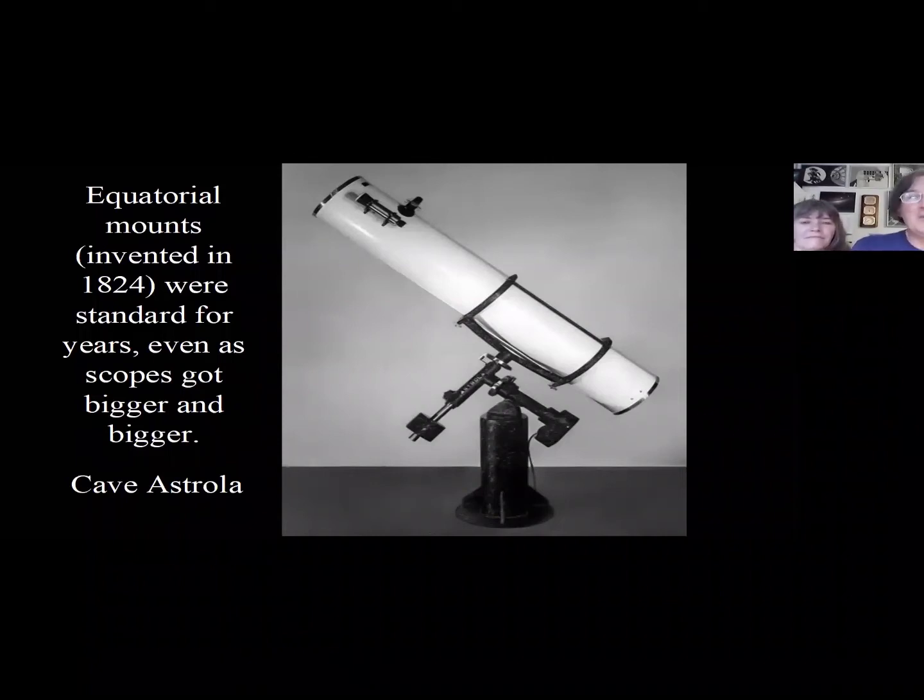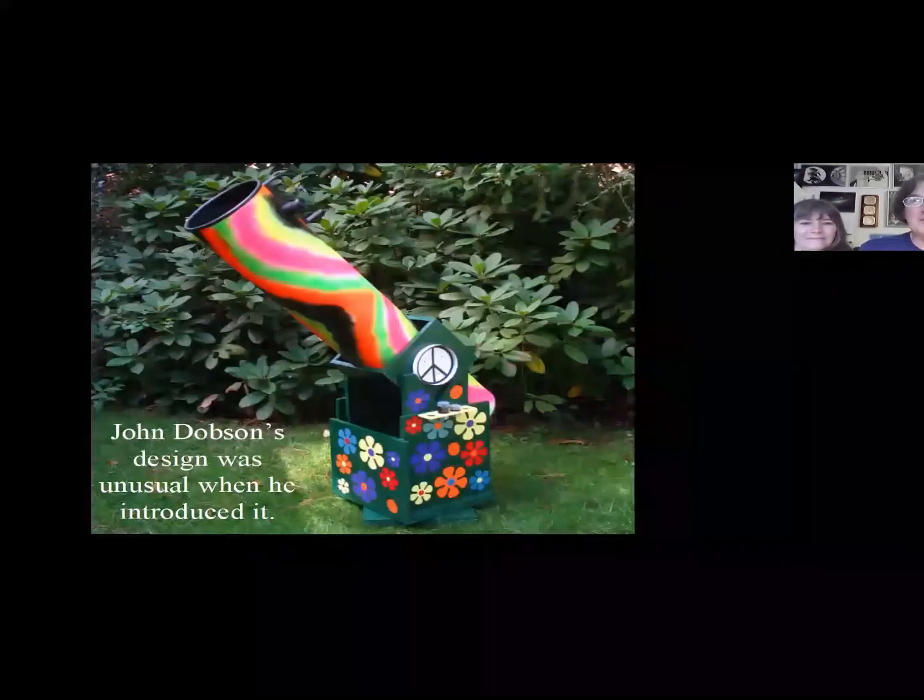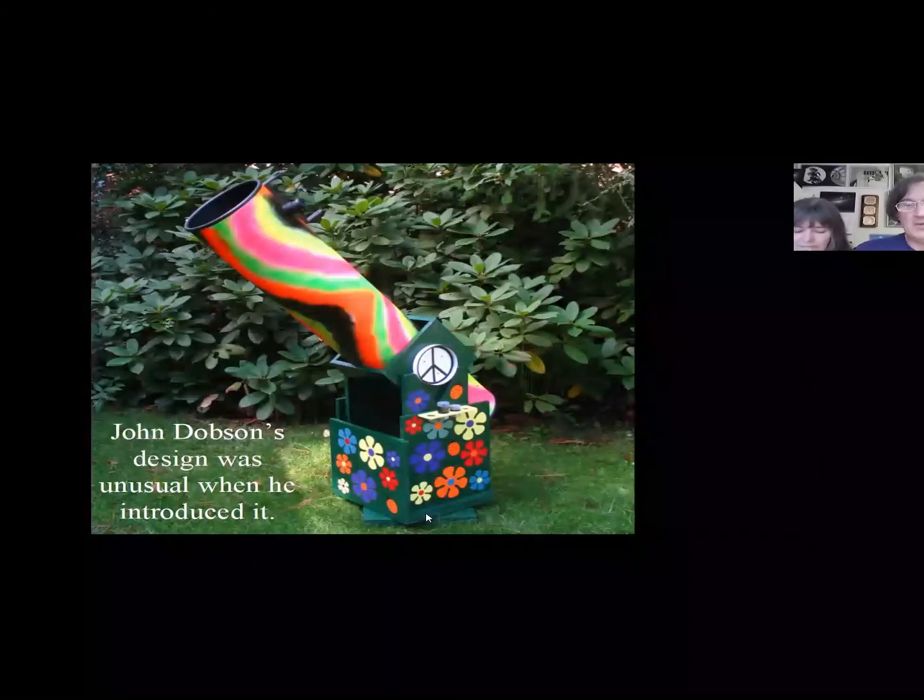Yeah, equatorial mount, but they're cumbersome. So we'll move on to John Dobson, who looked at these alt-azimuth mounts, and he looked at cannons on the battlements of castles, and he thought, why in the world don't we make a cannon-style alt-azimuth mount? And the scope rises and falls on this altitude axis, and it rotates around on the azimuth axis.